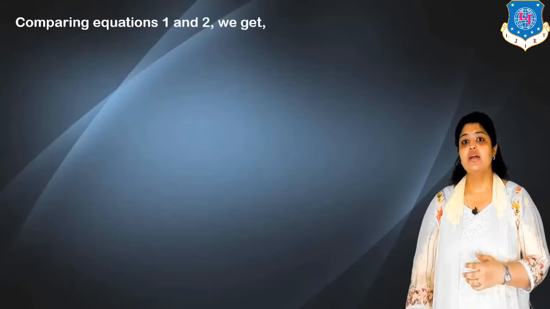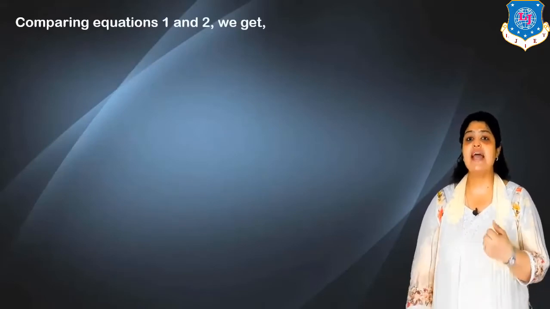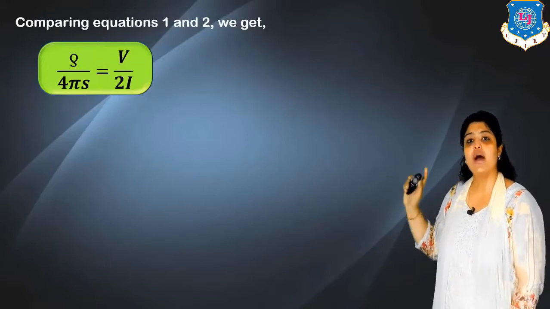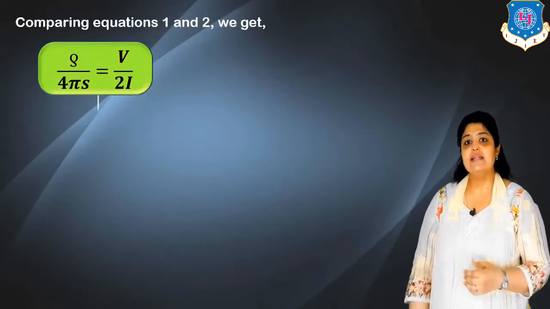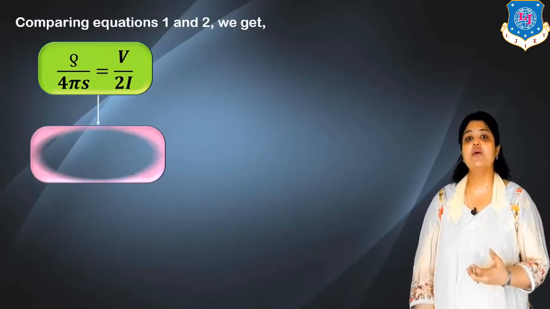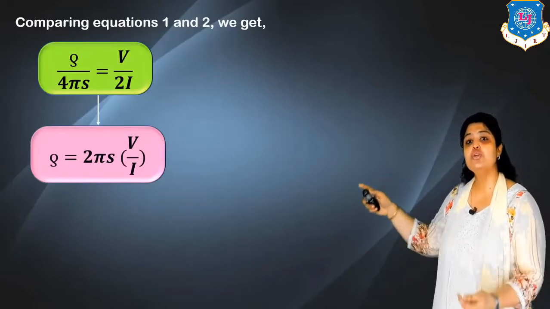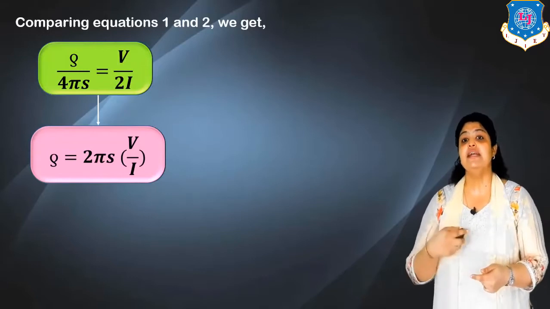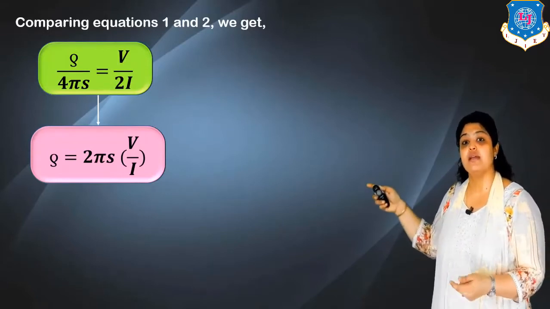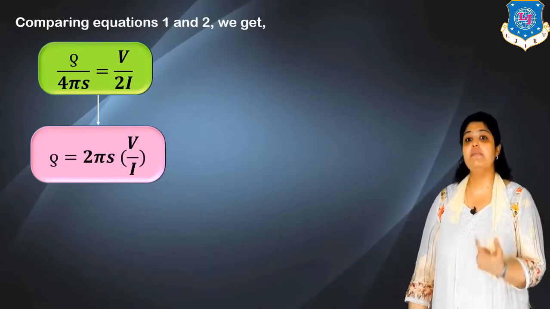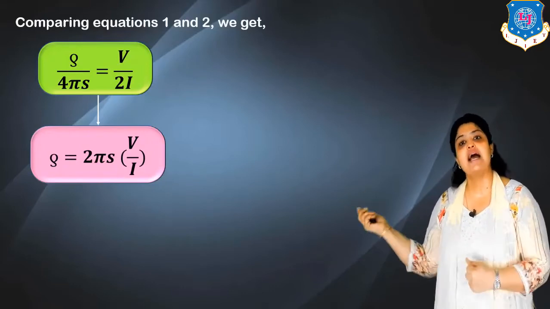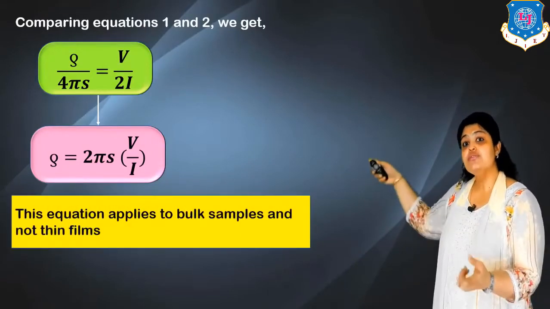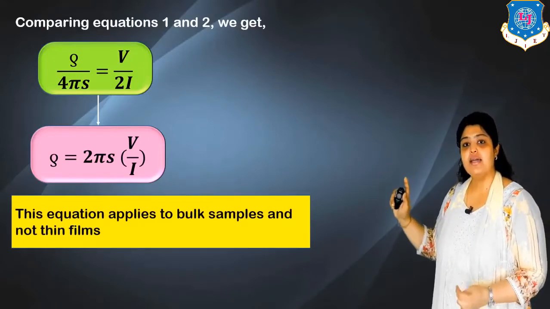Now we compare these two equations and we get rho upon 4 pi s equals V upon 2I. Cancelling the common terms, we get the final equation as rho equals 2 pi s into V upon I. You can say this resistivity depends upon the probe spacing s. It also depends upon the voltage measured because I is a constant term.